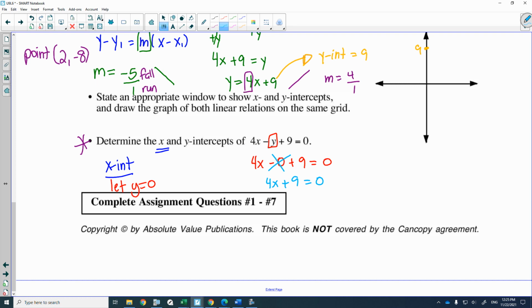We only have one variable. The variable is the x. We need to solve for x. Xavier, what do you want me to do from here? Subtract 9. And then Jasmine, what's the last thing?